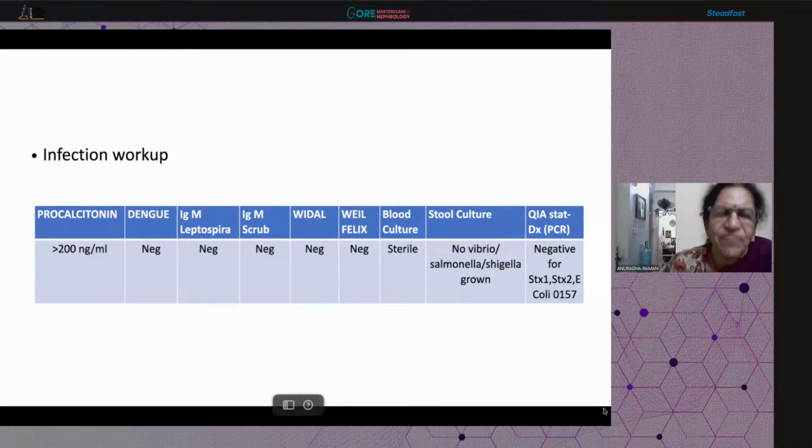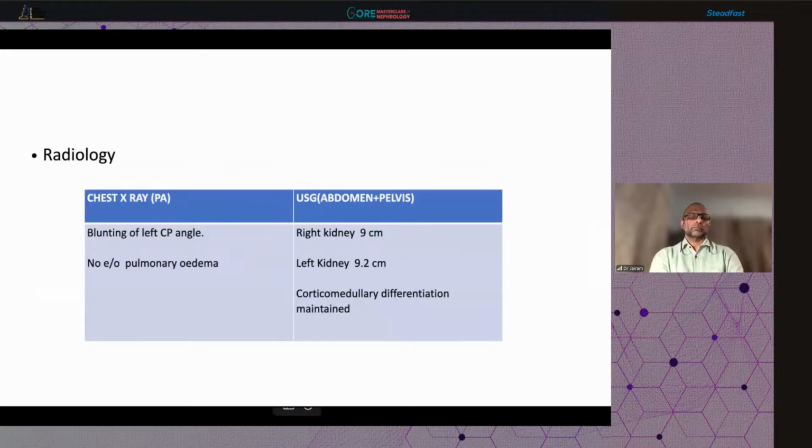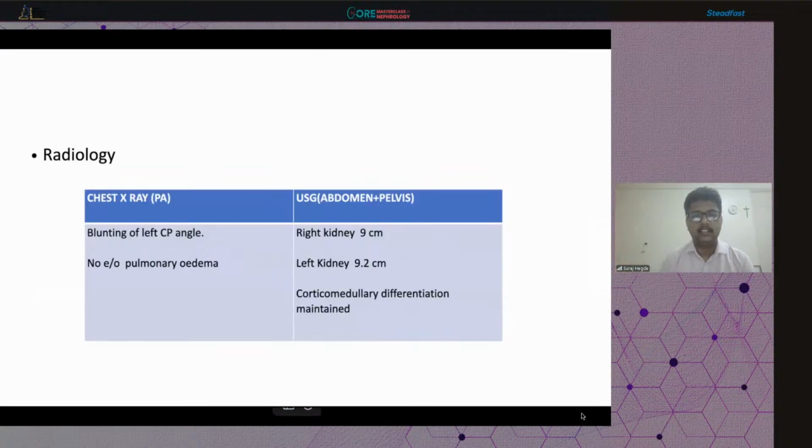Go on to the next slide. So, radiological investigations: chest X-ray showed blunting of the left costophrenic angle with no evidence of pulmonary edema. Ultrasound showed normal sized kidneys, right kidney 9 centimeter, left kidney 9.2 centimeter, with the CMD being maintained.